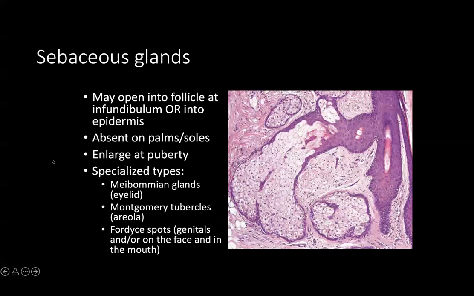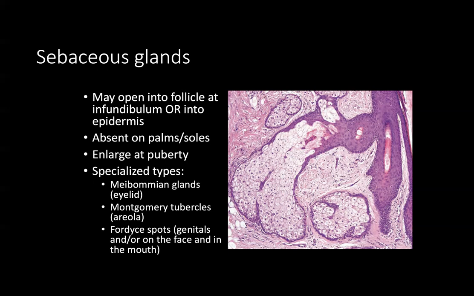Moving on to sebaceous glands. So sebaceous glands can open into a follicle at the infundibulum, as I mentioned, or into the epidermis directly. So in cases such as nevus sebaceous, you can have opening of these sebaceous glands directly into the epidermis without being associated with a hair follicle.